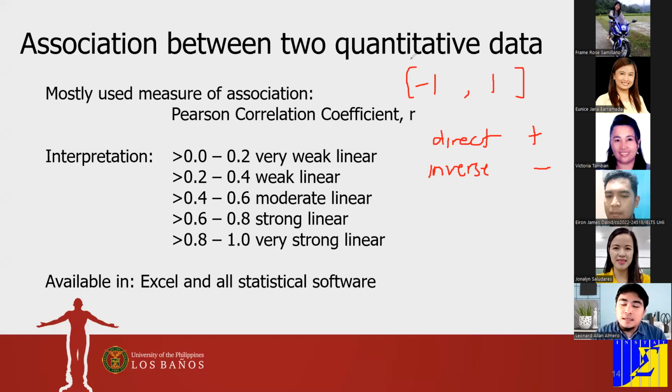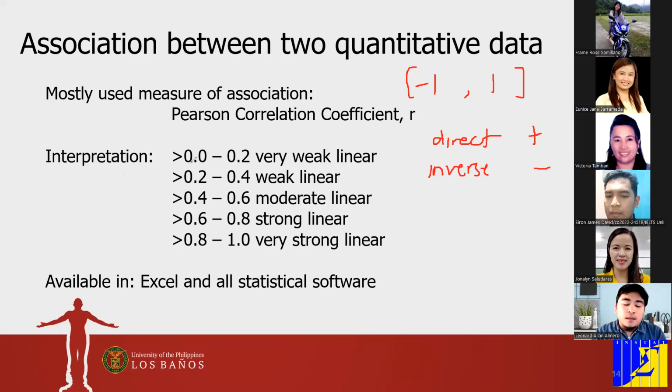So last part ng interpretation ay yung magnitude naman, yung strength po. Now, there is no fixed interpretation in Pearson correlation coefficient. If you search the web or in literature, you will see different articles or journal articles or published materials that have different interpretation for the measures of association.